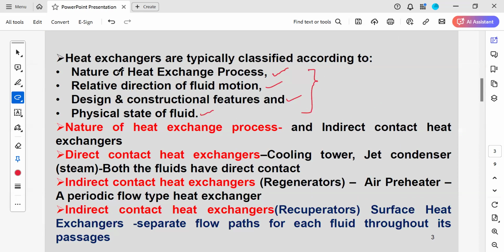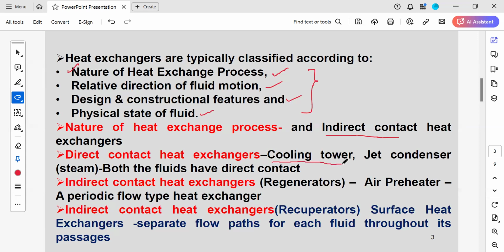First, take the nature of the heat exchanger process. Based on the nature of the heat exchange process, heat exchangers are classified as direct contact and indirect contact heat exchangers. In direct contact heat exchangers, both the hot fluid and the cold fluid come into direct contact with each other, and the heating and cooling process happens. The best example is the cooling tower.